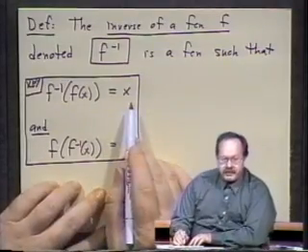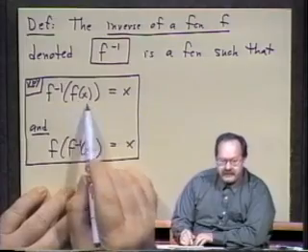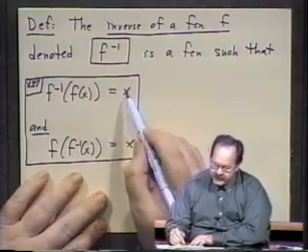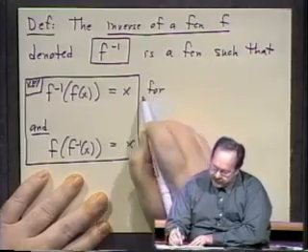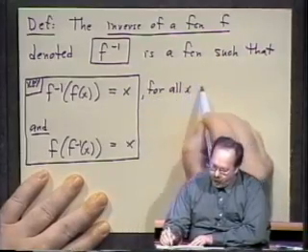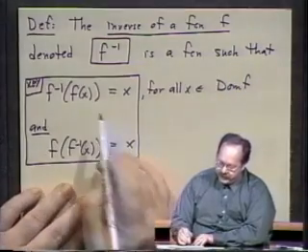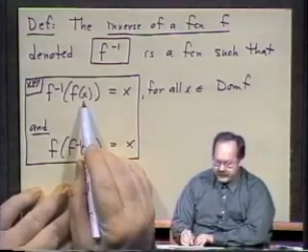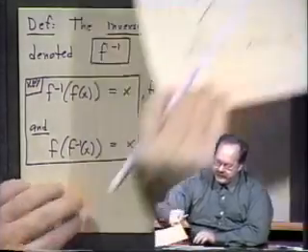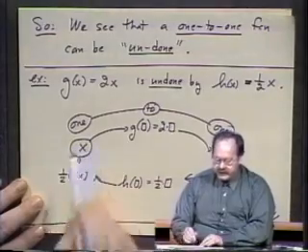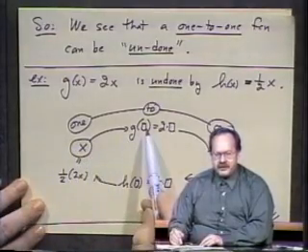Now we have to be a bit more specific. Since f is the function that's starting this composition, this is going to be for all x in the domain of f, where f begins. But if we look at this previous example, we begin to notice something. This x over here on the left is a member of the domain of G, isn't it?